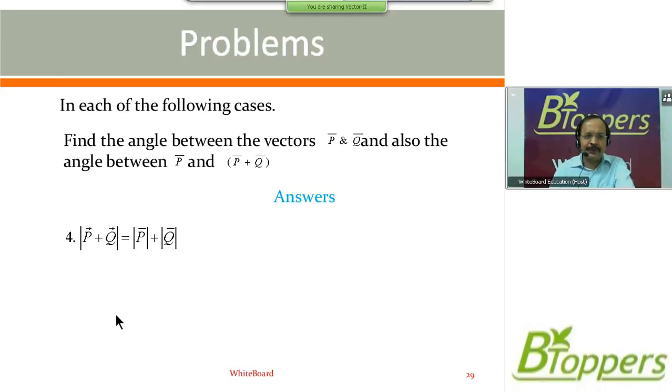So you can see the question number 4, magnitude of p bar plus q bar equal to magnitude of p bar plus magnitude of q bar. You can try this question yourself, try to think about the question. You have to find not only the angle between p bar and q bar, you have to also find the angle between p bar and resultant of p bar and q bar.